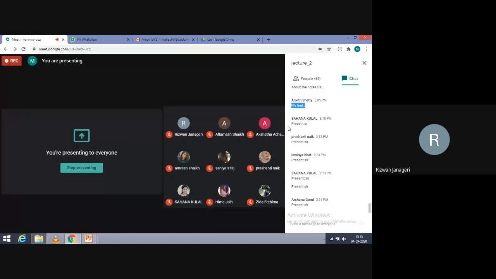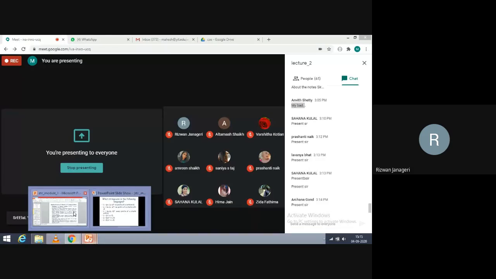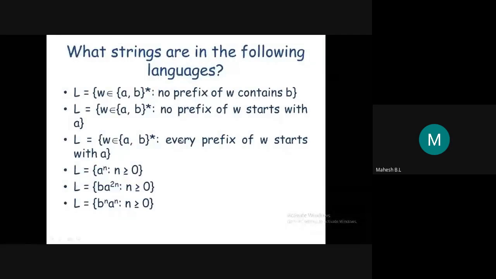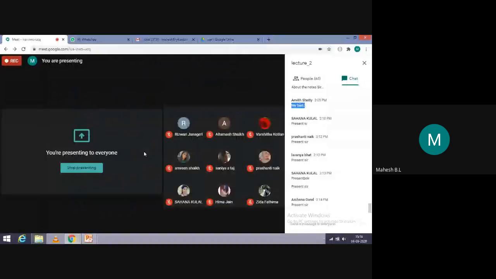Okay, so let's continue. Let's consider the next example. L is equal to {w belongs to {a, b}* | every prefix of w starts with a}. Let's give some examples.